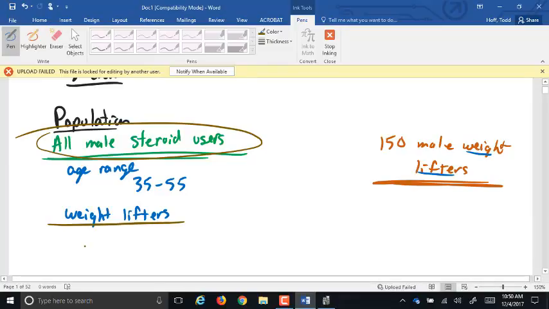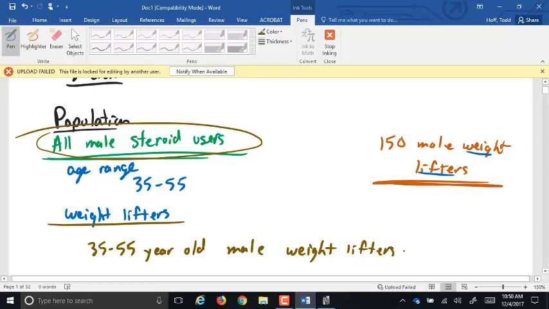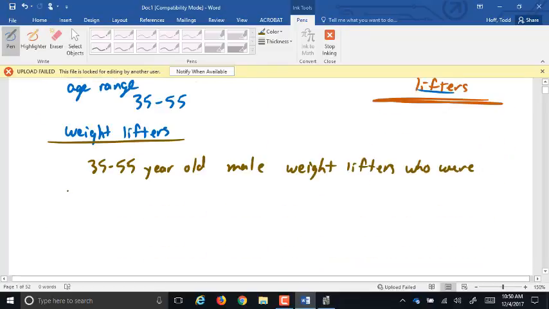What they ended up studying was 35 to 55-year-old male weightlifters who are long-term steroid users. So that is the population that they ended up gathering data to try to learn about.